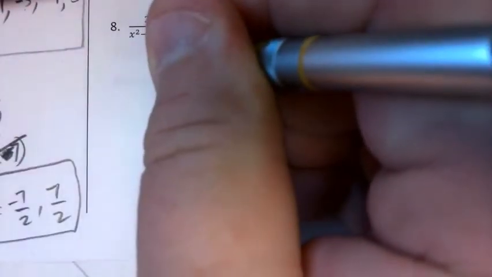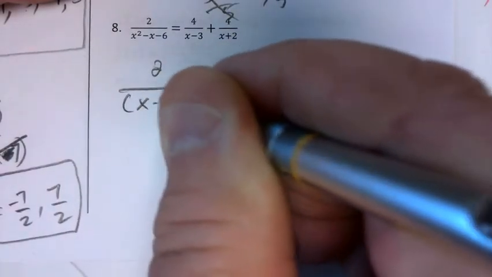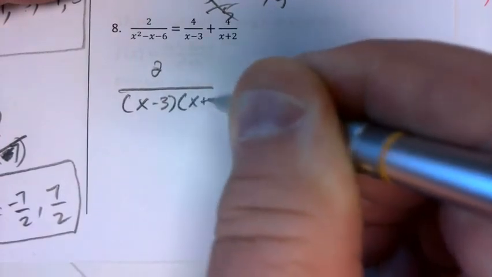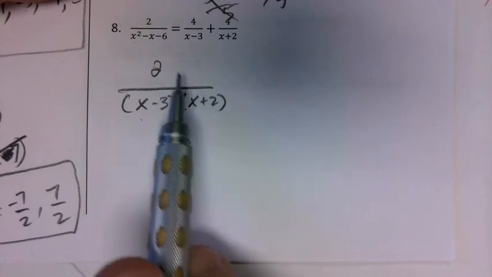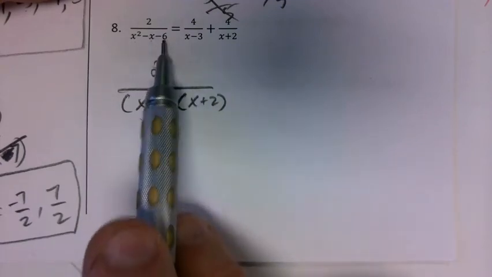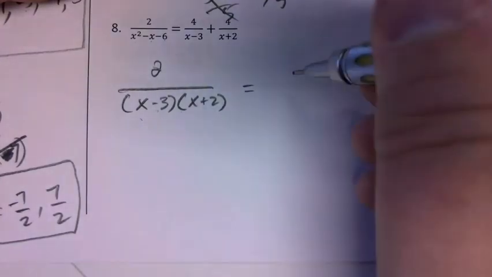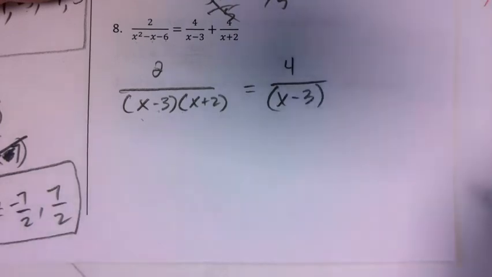I'm going to have to factor this out. So I'm going to have 2 over x minus 3x plus 2, because x times x makes x squared. Negative 3 plus 2 makes a negative 1, and negative 3 times 2 makes a negative 6, equals 4 over x minus 3. And I'm already seeing commonalities.